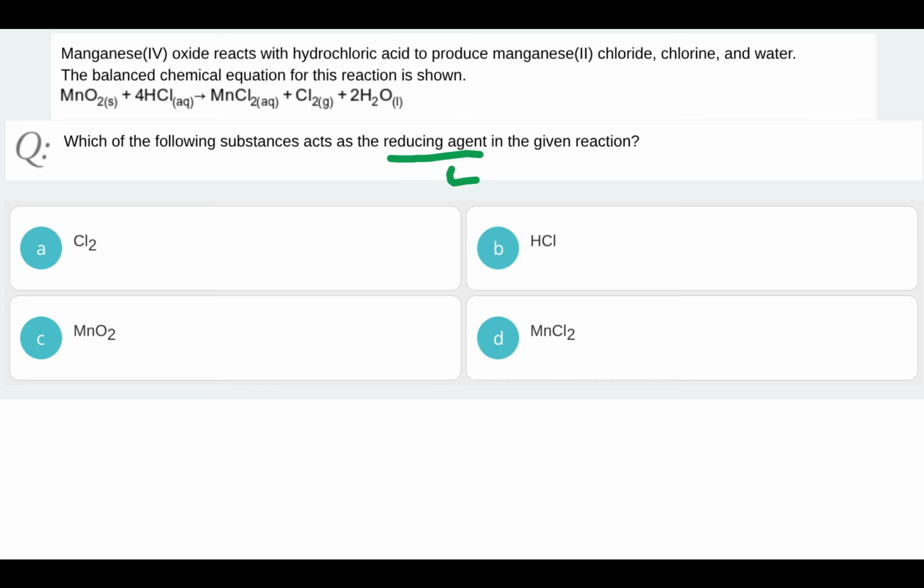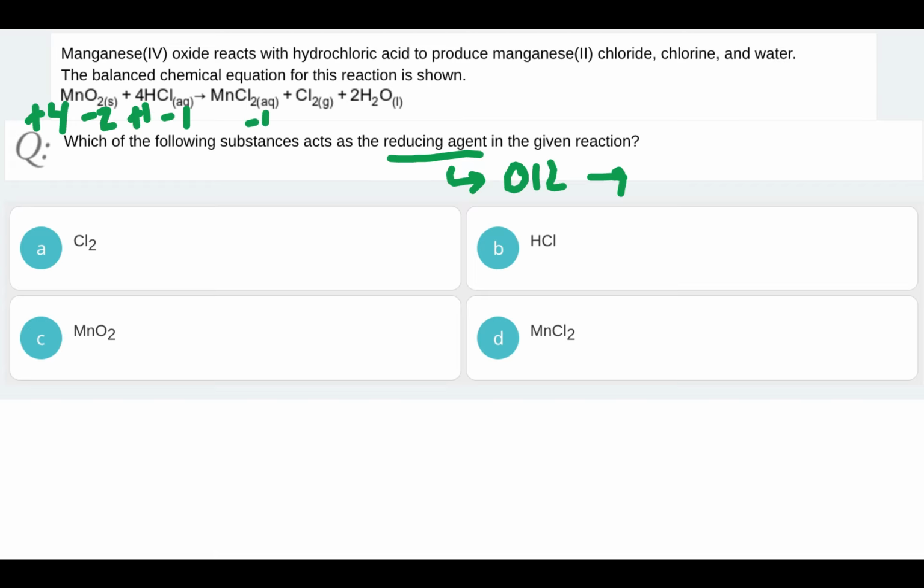So if you're a reducing agent, you are undergoing oxidation and you would be losing electrons. So when we're taking a look at that and seeing what would be losing electrons, again, you can assign oxidation numbers here. So if I put -2 for oxygen, which would make Mn +4, then chlorine would be -1, hydrogen is +1.